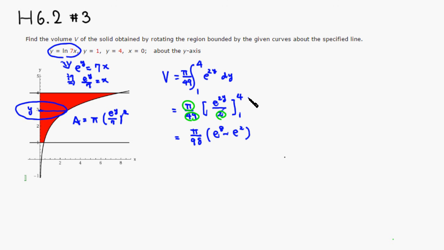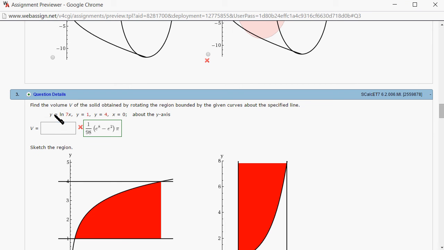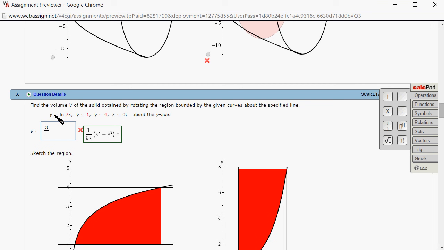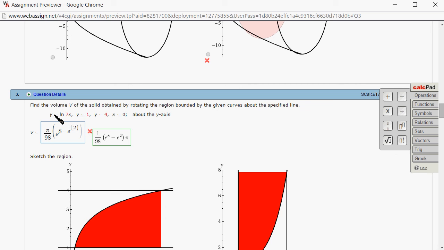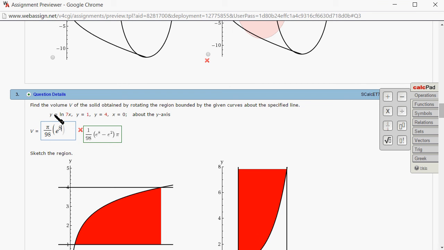So let's type this in. We have pi over 98, and then e to the 8th minus e squared.